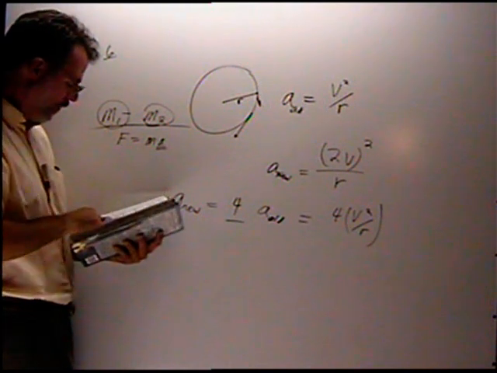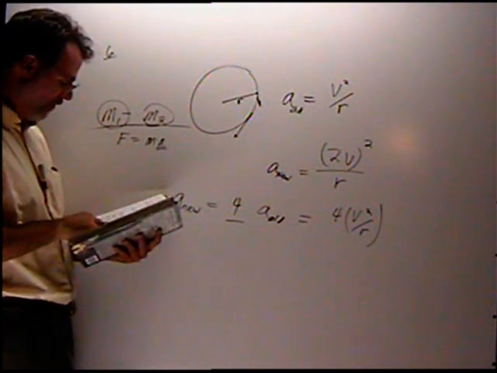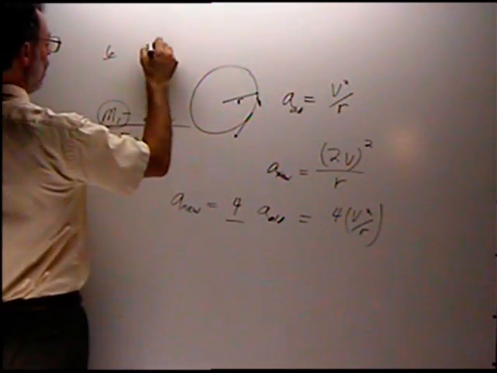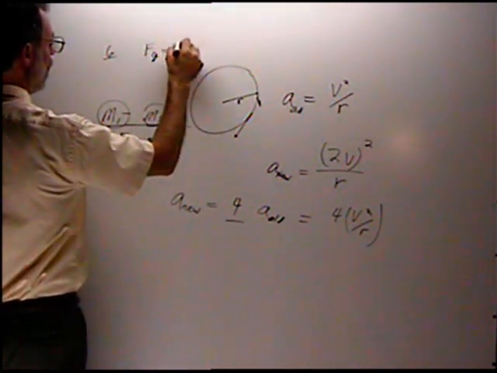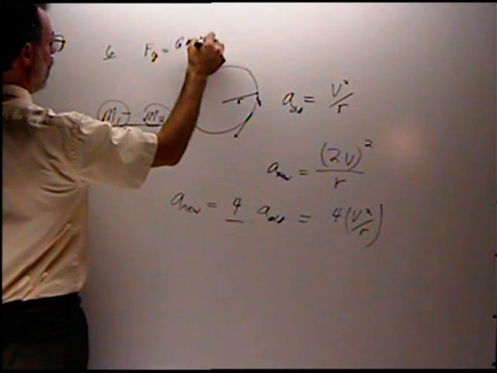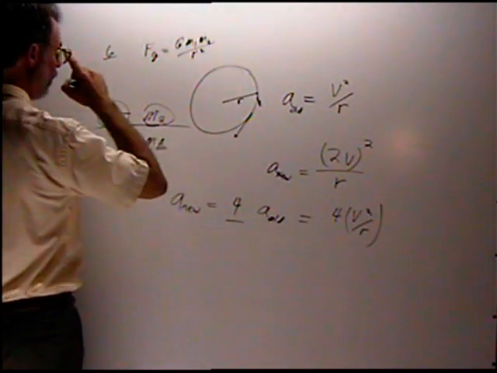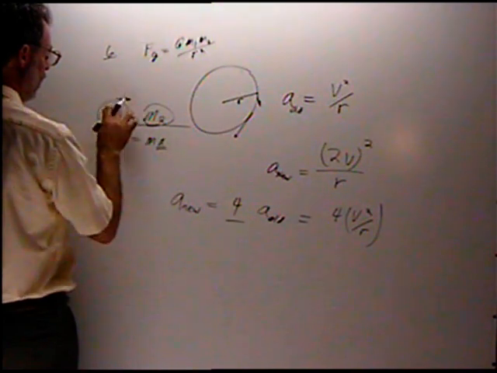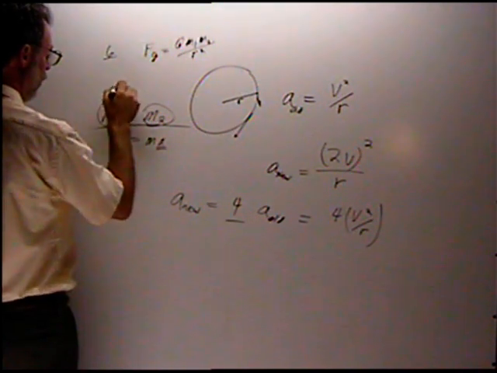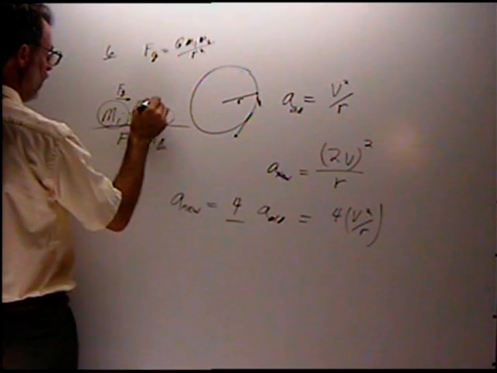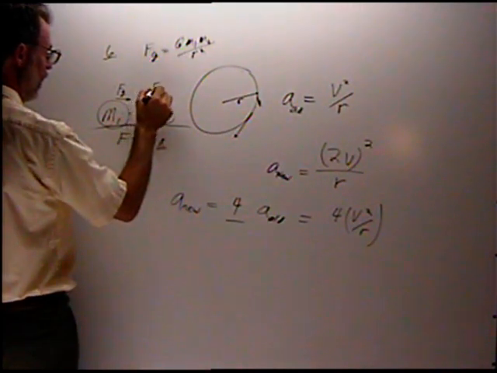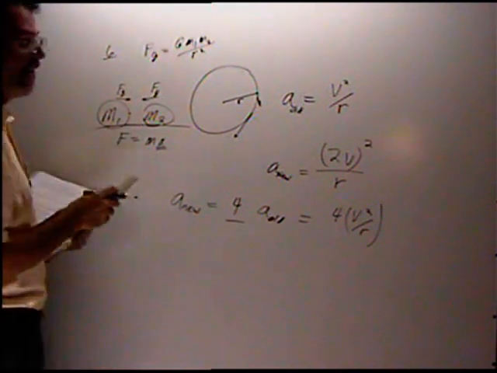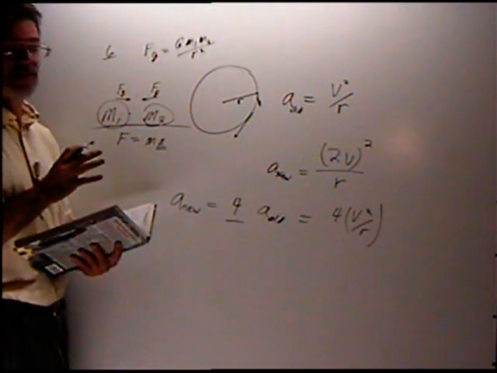What is the equal and opposite force that exists in reaction to this gravitational force? The force of gravity, Fg, would be G m1 m2 over r squared. That's the force that attracts m1 to m2, but it's also the force that attracts m2 to m1. They're equal and they're opposite.